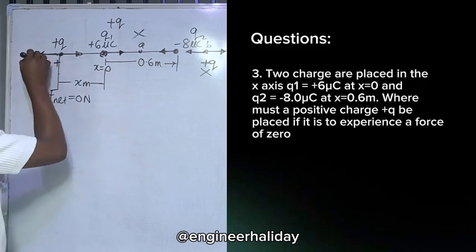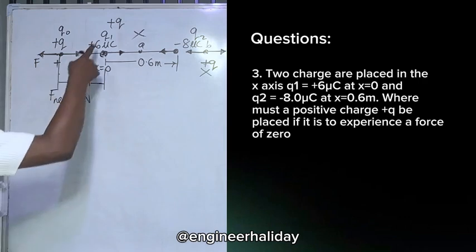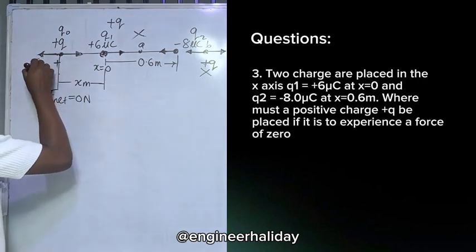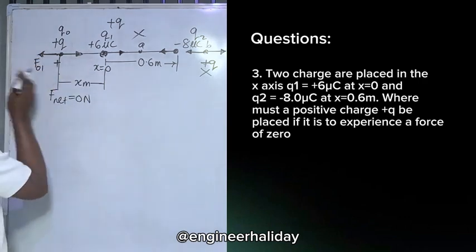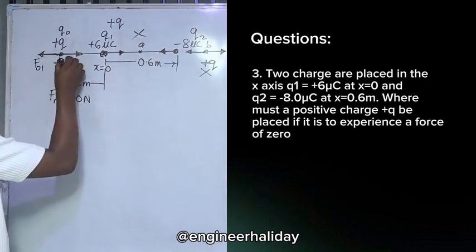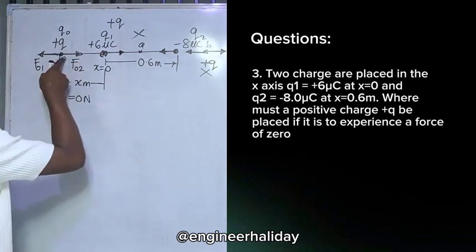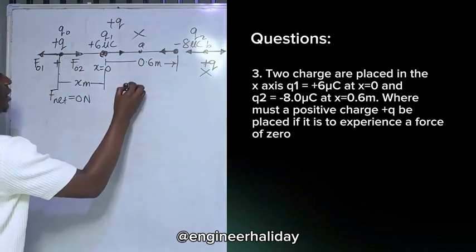Let's call this one Q0. Q1 on Q0 is F01, which is up like this, a repulsion. While Q2 on Q0 is F02, which is attraction. So we have something like this now.